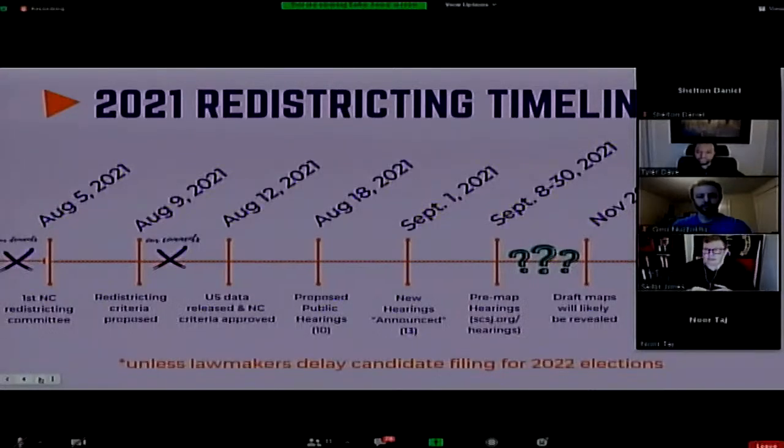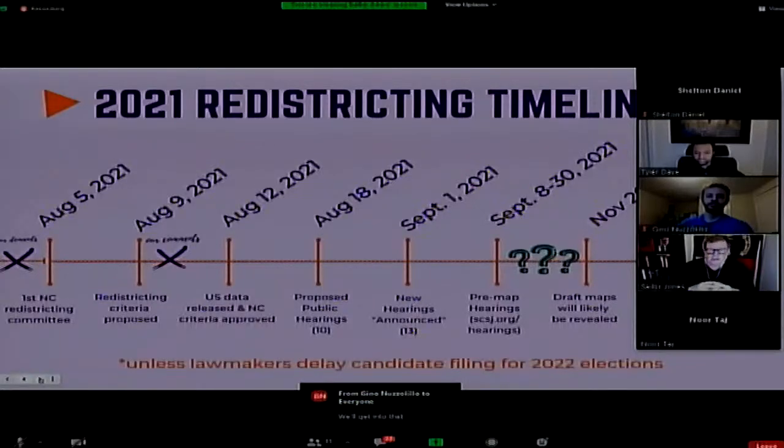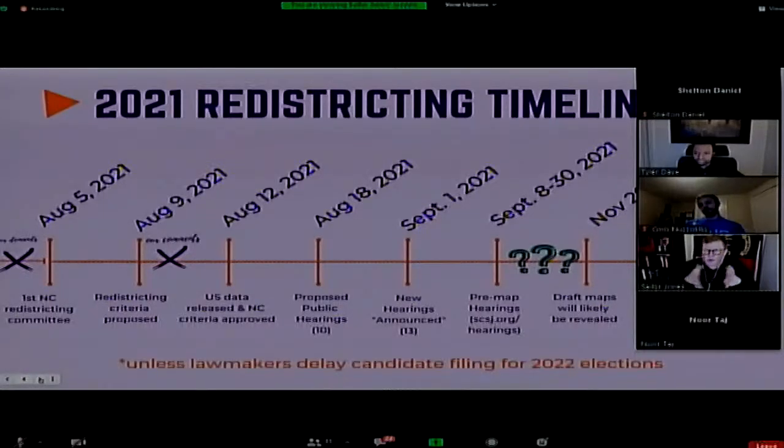Some of those include things that Tyler talked about, like contiguity or compactness, keeping things together, not packing and cracking them, but also equal population, part of what both Tyler and Noor discussed as so important as keeping us in that one person, one vote arena.